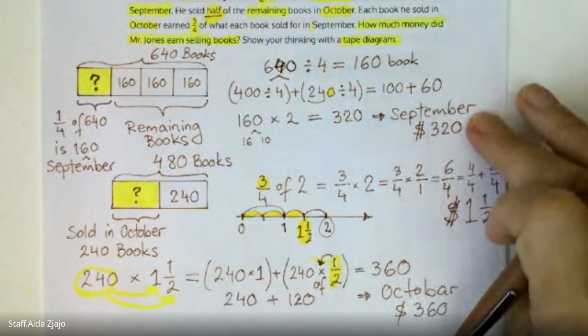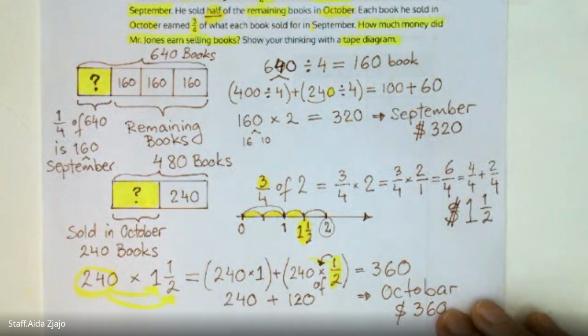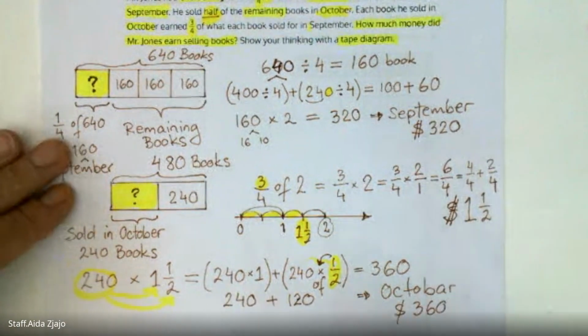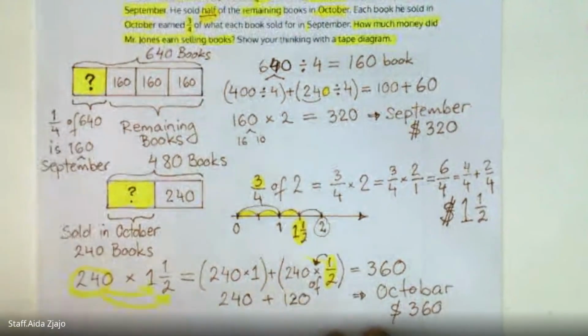September $320, October $360, together would be the total.